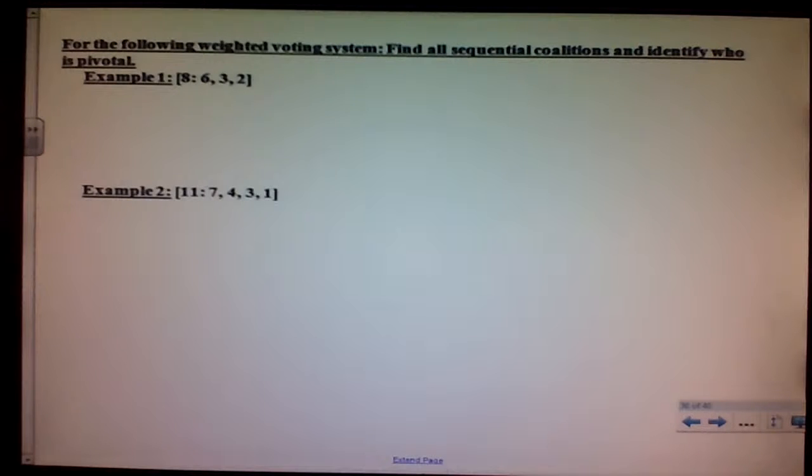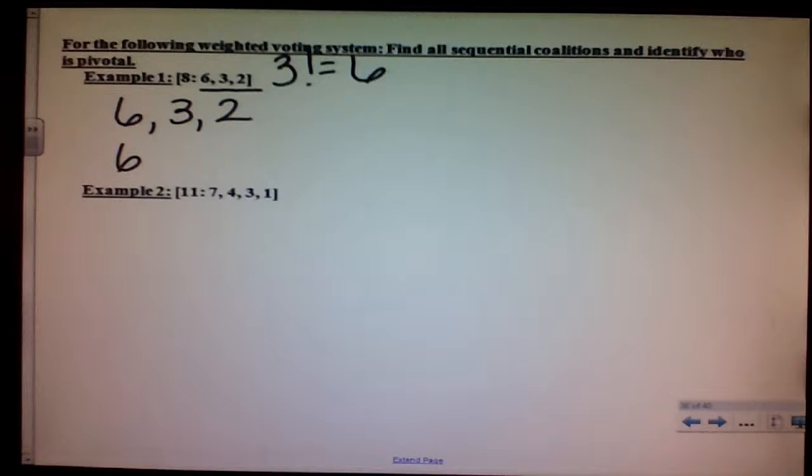If you're done with example 1, awesome. Just going over 1 right now. Example 1, you need to start with listing all of your sequential coalitions. You have 3 players, factorialize, that means I should have 6 listed. Start with the order that they give you, 6, 3, and 2.